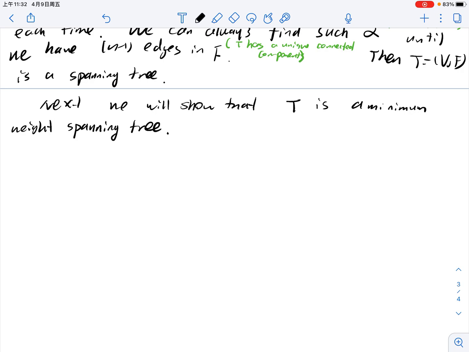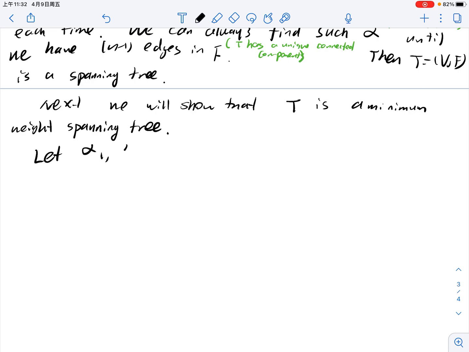We push the assumption to the extreme, find a certain minimal weight spanning tree that has the most common edges with T. And then we derive the contradiction by constructing a new one with more common edges.